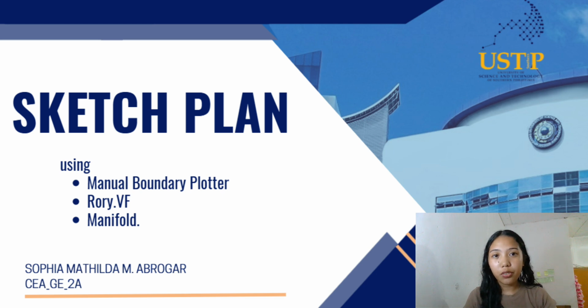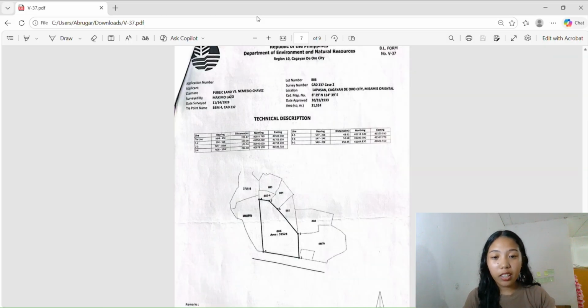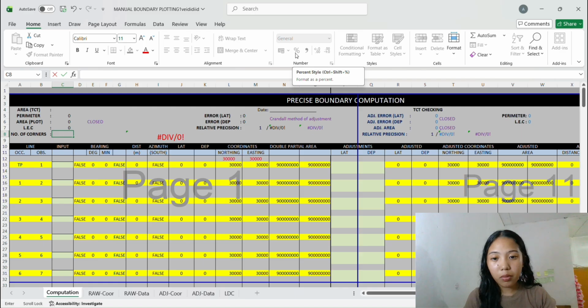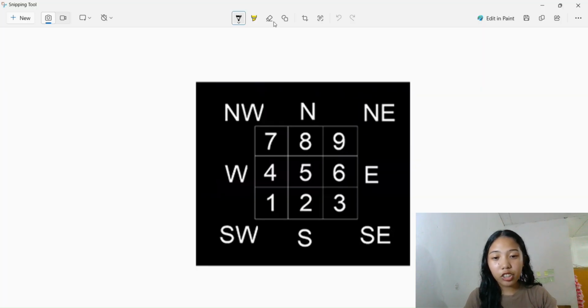First is the lot data or AVIDAS 37, which we can acquire from the Department of Environment and Natural Resources or DENR. Then the manual boundary platter Excel file, and the direction angle chart, which we'll be using later as a reference.